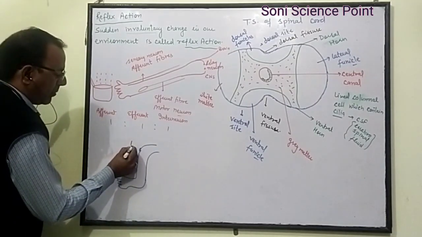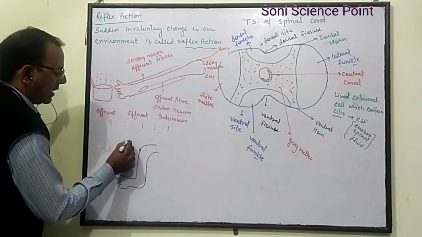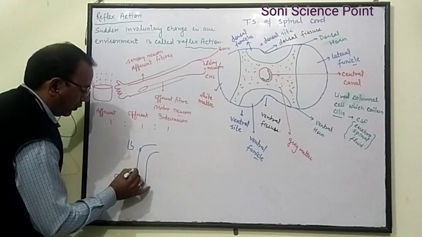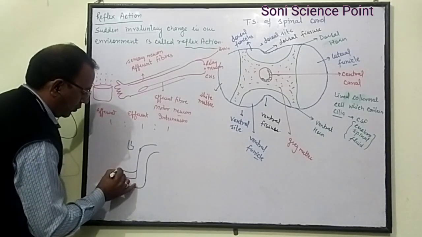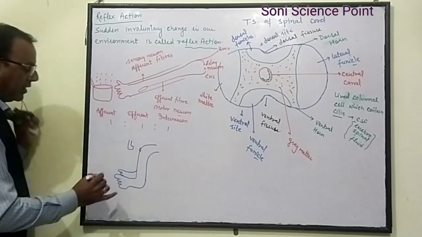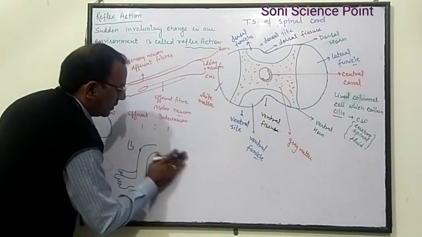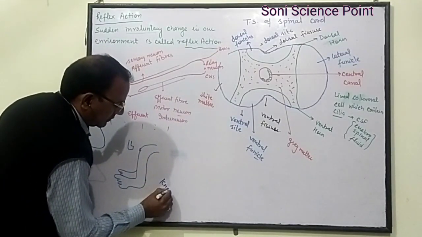We gently hammer at this side, and our legs start to move forward. Why does this happen? This activity is called knee jerk.